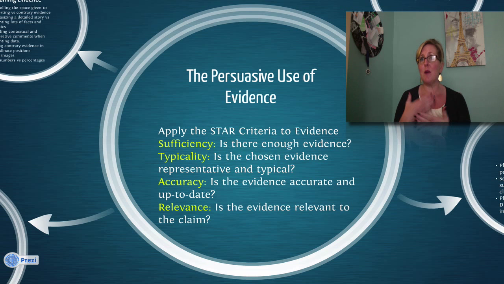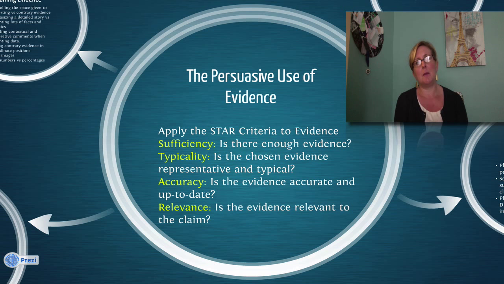If you're writing about social media, for instance, you really need to pay attention to the date of publication of that particular source, because if it was published in 2004 even, that's a long time ago in the world of social media and the internet.